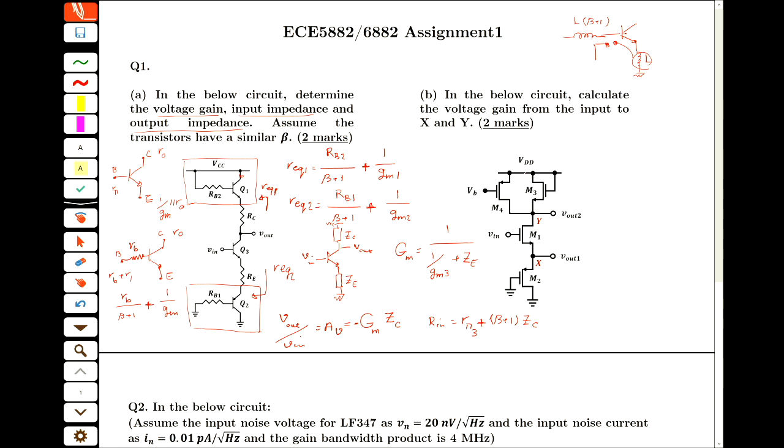All right. In the second one, again, we put the equivalent for these three, and then solve the problem again. So for a MOS transistor, this is your gate, this is your source, and this is your drain. For the gate, the input impedance is infinity.